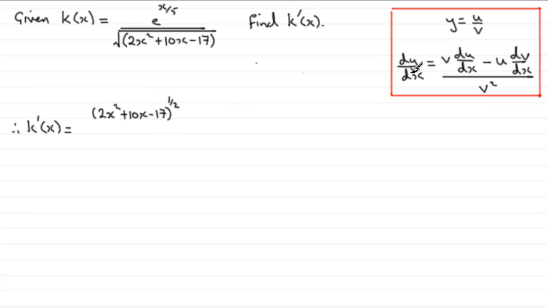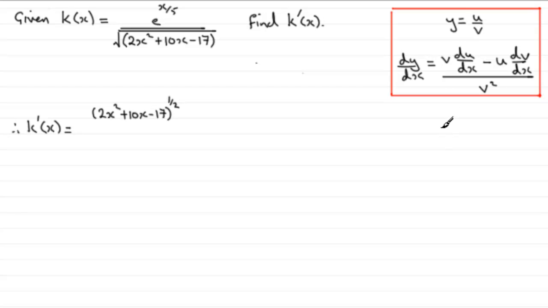Now we have to multiply it by the differential of the top of the fraction, and the top of the fraction is e to the power 1/5 x. I know it's got x over 5, but we can think of that as e to the power a fifth x. And this is a fairly standard result, one that again we should know.